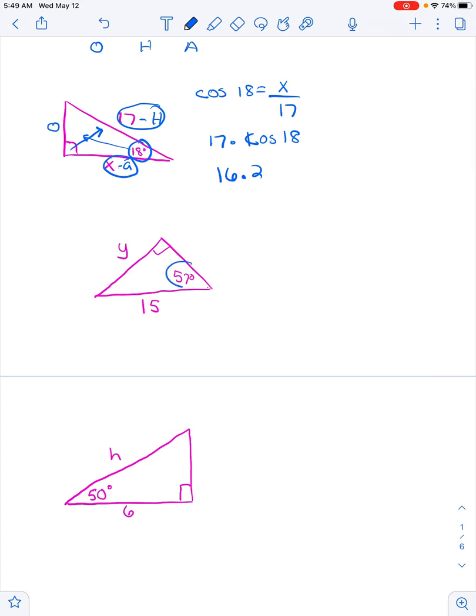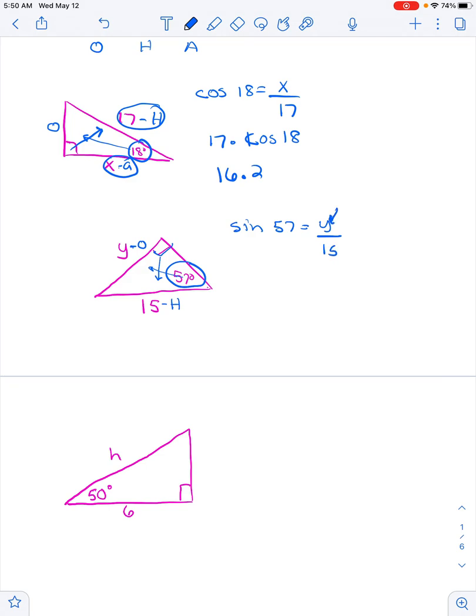I start off with my angle. If I go from this angle, that side is opposite. Here's my 90-degree angle, and the side opposite that is my hypotenuse. So I'm using opposite and hypotenuse. That's sine. So sine 57 is equal to the opposite side y over 15.